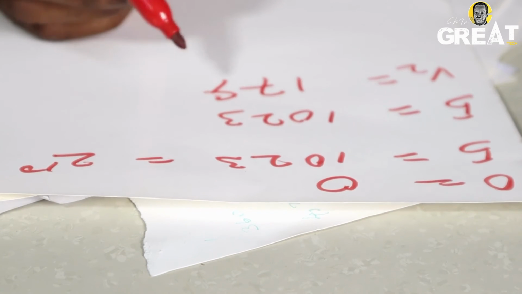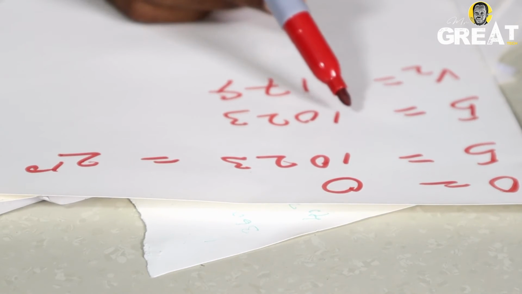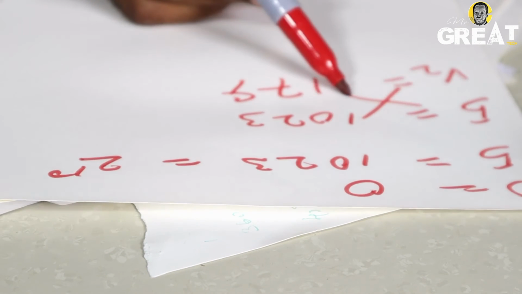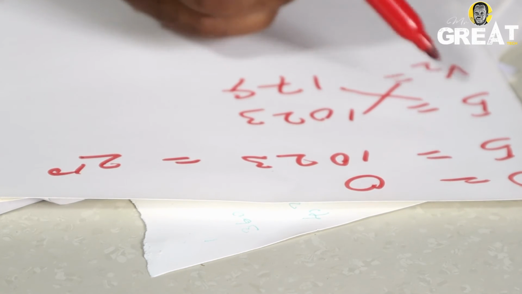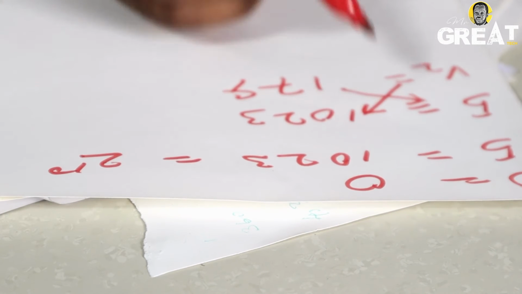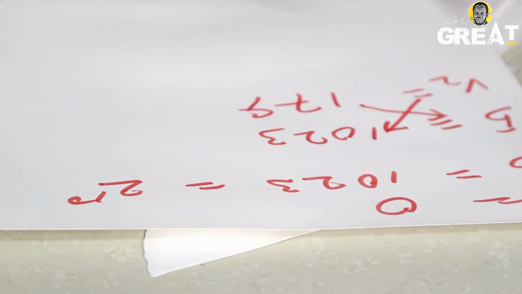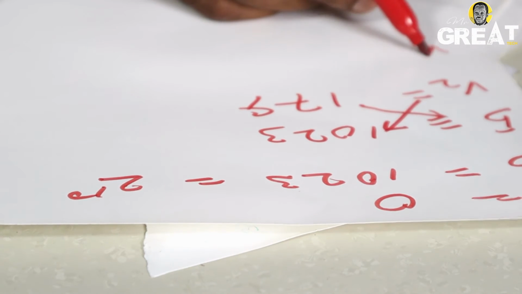So what is V2? It's a very simple cross multiplication. You do like this. This goes to this, this multiplied by this, this multiplied by this. Very simple cross multiplication.